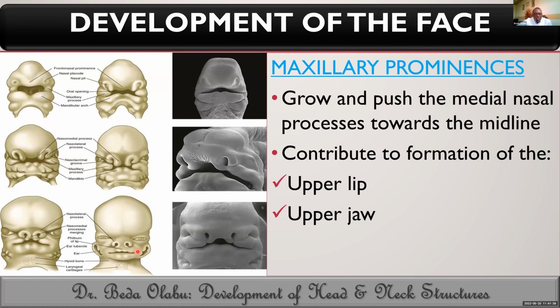It also contributes to the formation of the bone inside there, which will be the maxilla basically, so the upper jaw. And it will also contribute to formation of the palate. We are going to see how it contributes to the formation of the palate shortly. So those are the contributions of the maxillary prominence: the upper lip, the upper jaw, and the palate. We'll see which part of the palate is formed by this one.